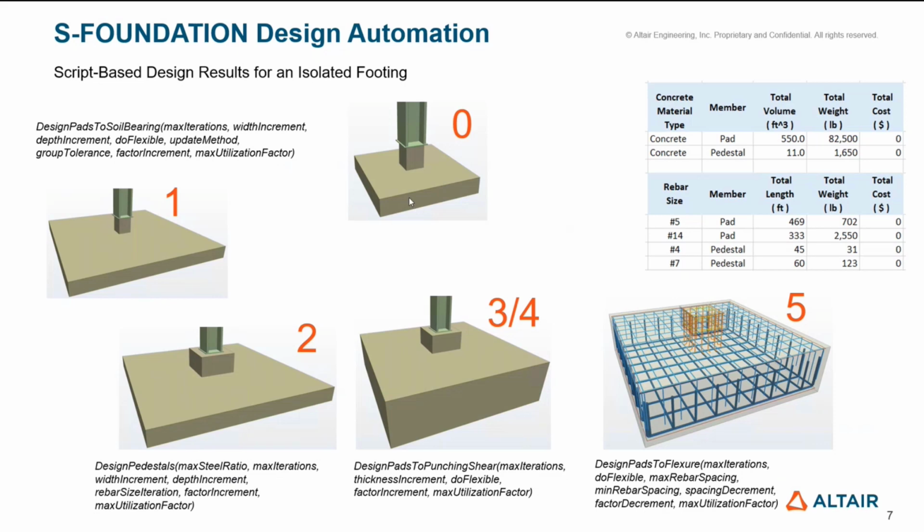So the pad grows from the original size to a larger size. And then in step 2, we grow the size of the pedestal in order to carry the vertical load and the moments that may be occurring. In step 3, we're growing the thickness of the pedestal. So 3 and 4 are combined here in the graphic. Those are checks for both the punching shear and the one-way shear. And then in step 5, we're looking at the reinforcement.